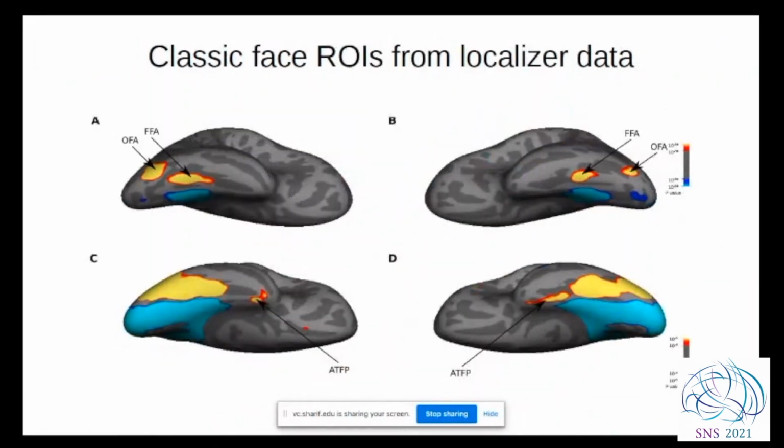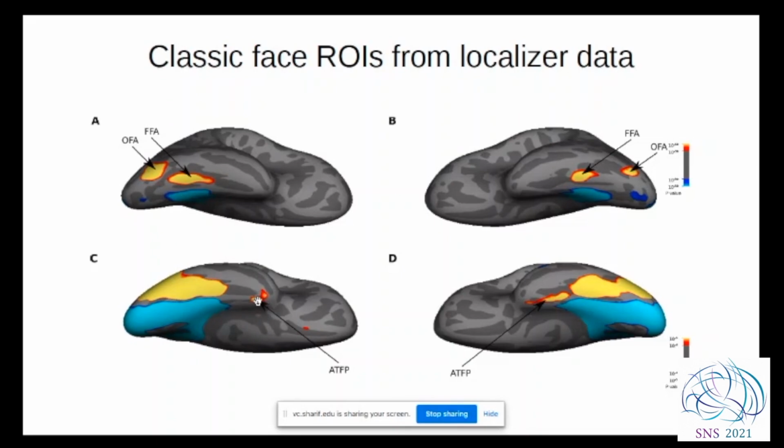In another analysis which was related to the searchlight analysis, we looked at pattern information within some selected ROIs or regions of interest. We basically looked at some classic face areas, including occipital face area, fusiform face area, and anterior temporal face patch.